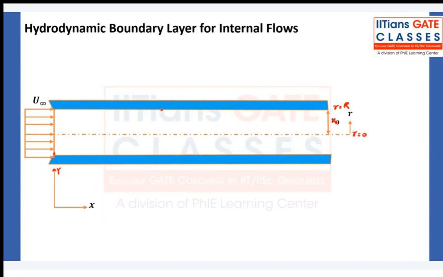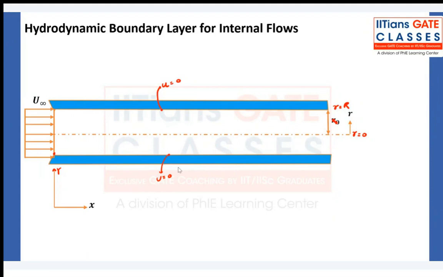The layer that is in contact with this, yes, here u will be equal to 0. Also tell me what will happen here. Here also, yes, u will be equal to 0. Earlier the velocity was varying from u equals 0 to u equals infinity.